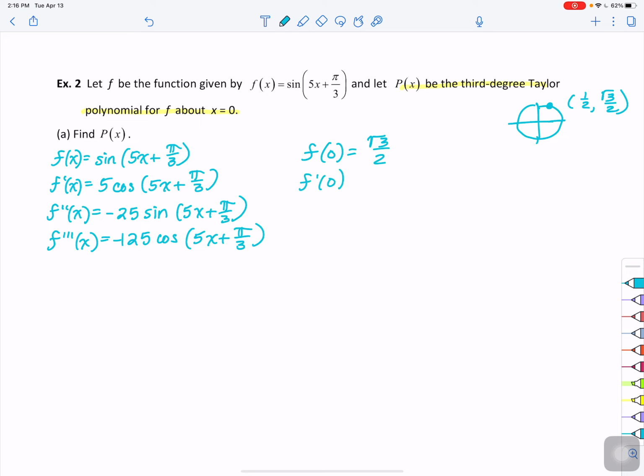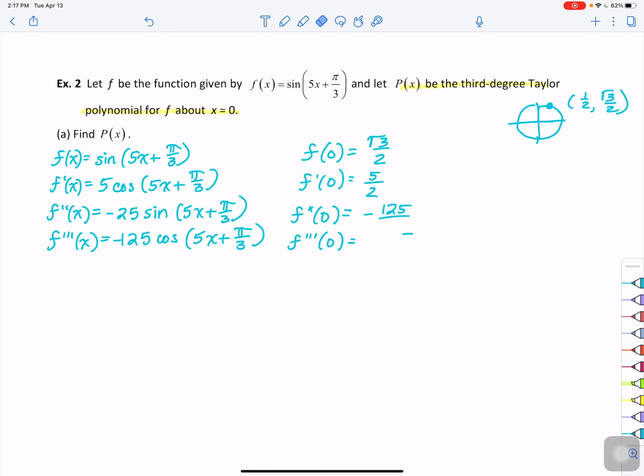F prime of 0 would be 5 times the cosine, which would be 5 times a half. F double prime at 0 would be the sine of pi over 3, which is root 3 over 2, multiplied by negative 25. Whoops, I did the other derivative here.